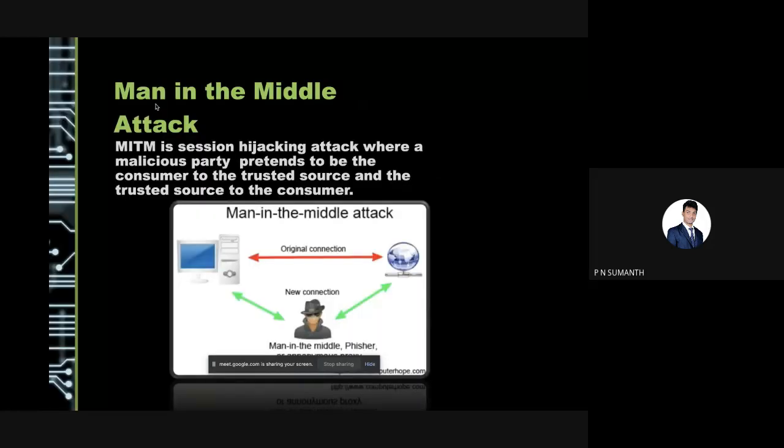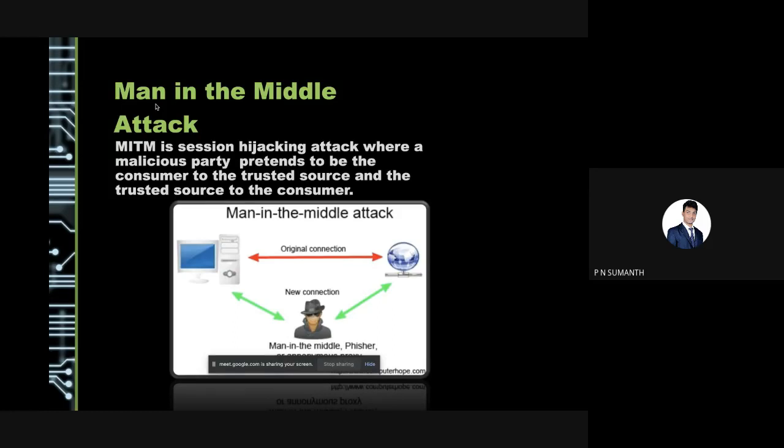After that, we come to the man in the middle attack. We've already learned that the attacker sniffs through the network. He gets into the network, analyzes all the network packets sent, and then cracks out the desired information that he needs.